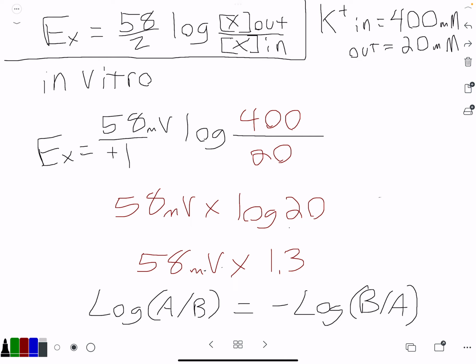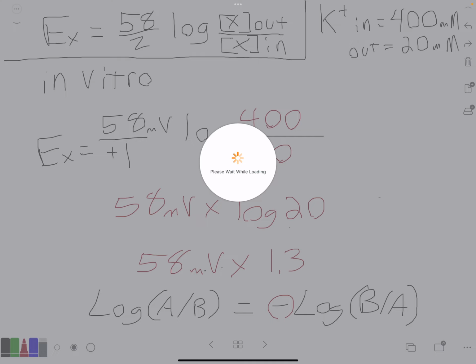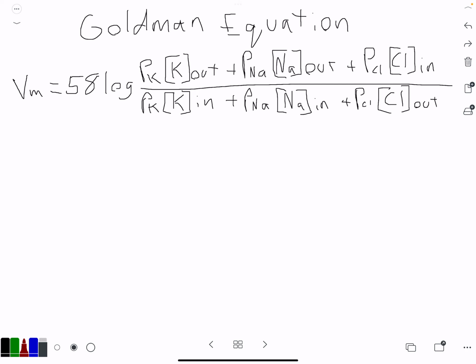And so when the ion is negative, like chloride, we switch what's on top and what's on bottom. So this equation takes into account the charge of the ions. Any negative charge, the concentrations need to be switched, which is what Goldman recognized.